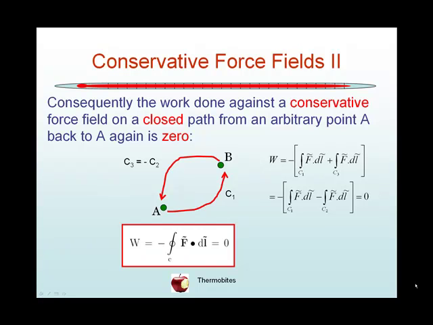But C3 is just the negative of our C2, and so we can replace the integral along C3 of F dot dl with minus the integral along C2 of F dot dl, and what's inside the brackets becomes 0. And so the work done along a closed path, which is indicated by the integral with the circle through it of minus F dot dl, is equal to 0.